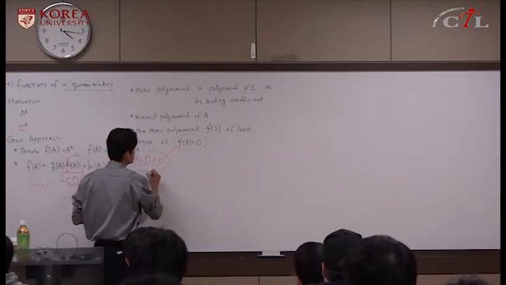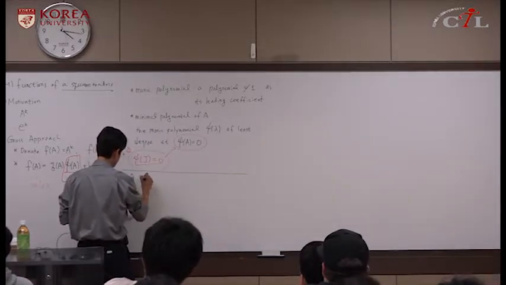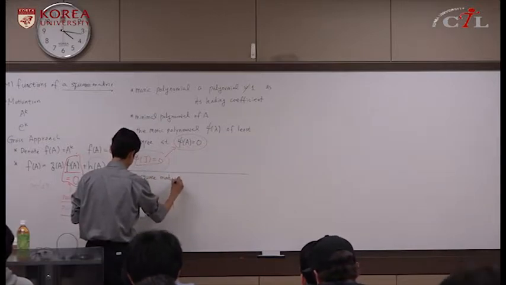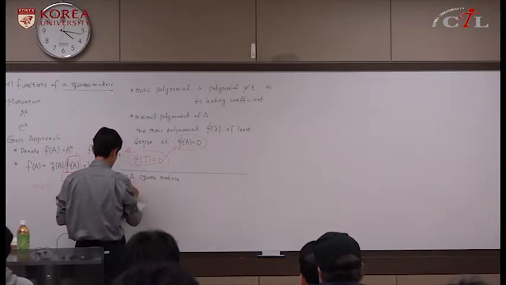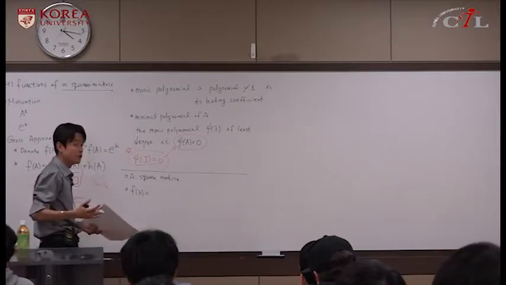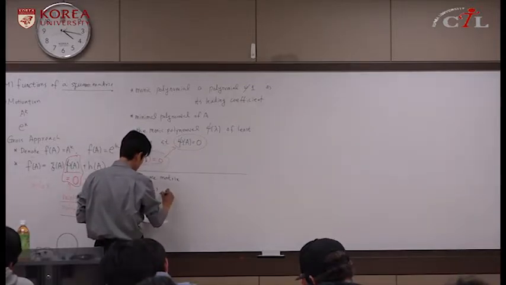So let's consider a square matrix, and let f(lambda) be an arbitrary polynomial. For example, it could be whatever. Let's say this.